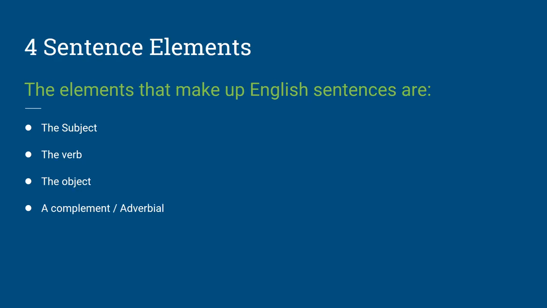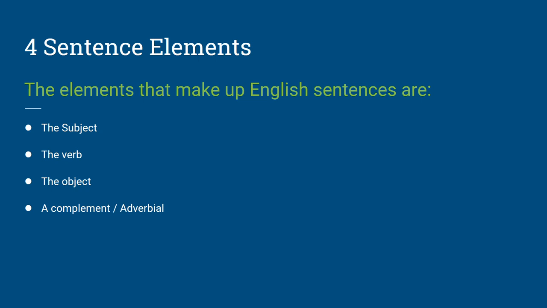Speaking of the functions, they can also be called elements in a sentence. So the functions, in other words, are like the elements, and an English sentence requires a subject, a verb, an object, and a complement or adverbial.